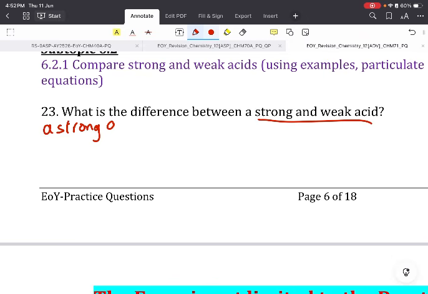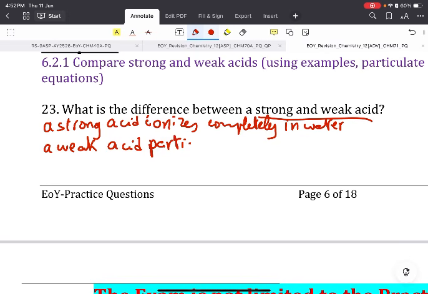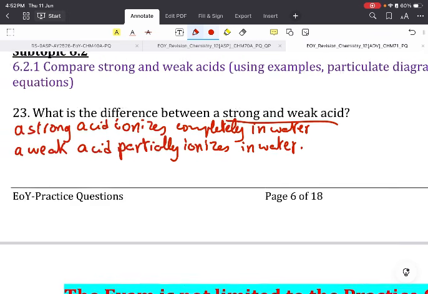A strong acid ionizes completely in water, whereas a weak acid barely ionizes in water. It means partially ionizes in water. Now, what does this mean?